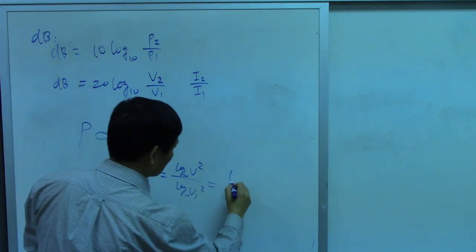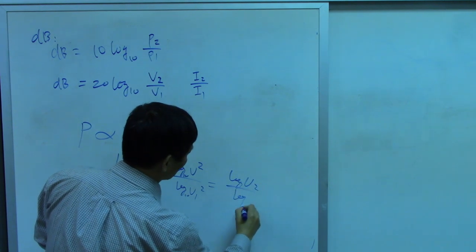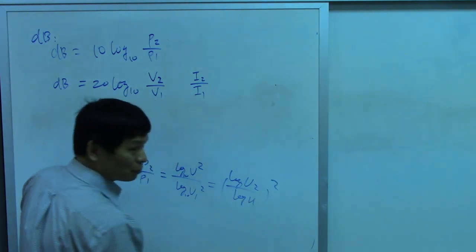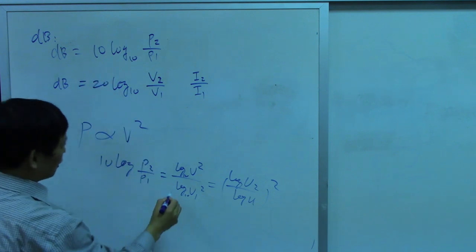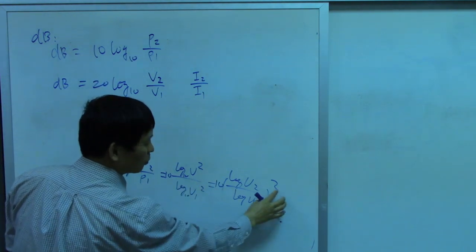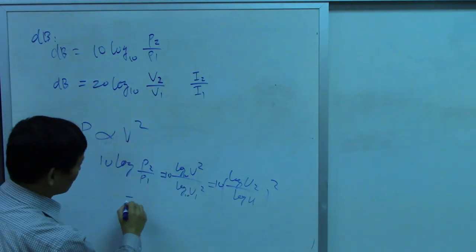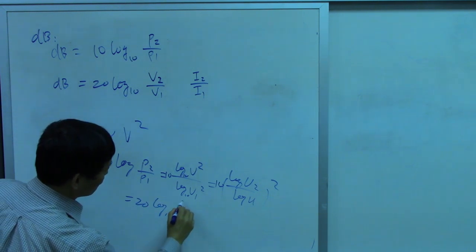Then we can move the square out, giving 2 times log V2 over V1, multiplied by 10, and that's why it equals 20 log base 10 of V2 over V1.